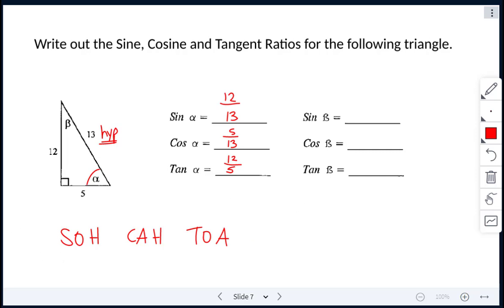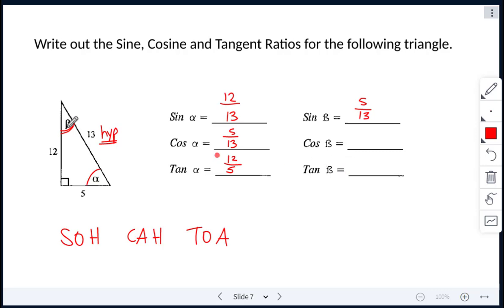Now when we're looking at angle beta, which is here, the sine of beta would be opposite over hypotenuse. The opposite of beta is 5, and the hypotenuse doesn't change. Hypotenuse is still 13. So it would be 5 over 13.